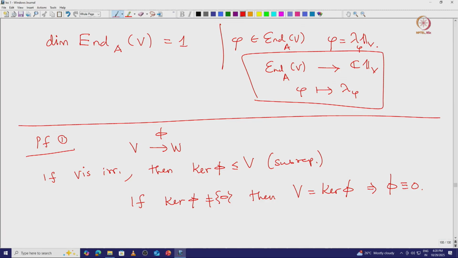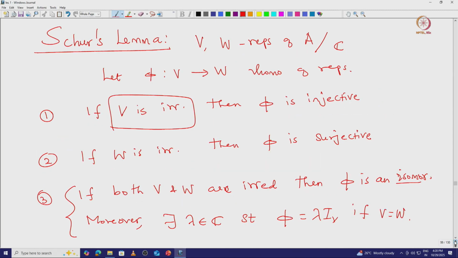But we do not want this. So maybe we can rewrite the conclusion as follows: either pi is 0 or injective, that is, pi is the 0 map or an injective map.